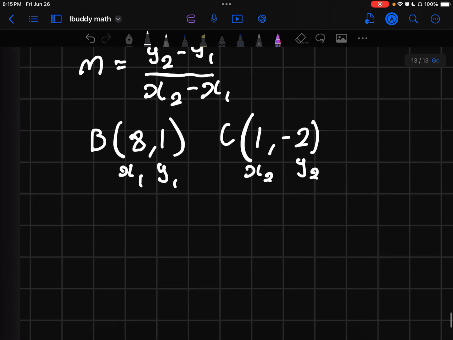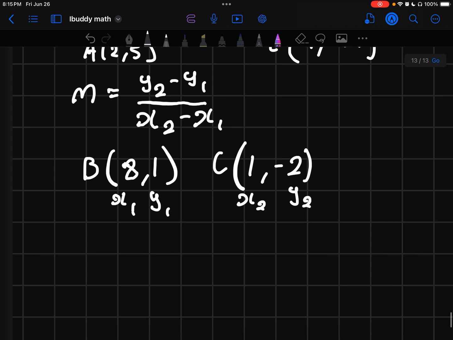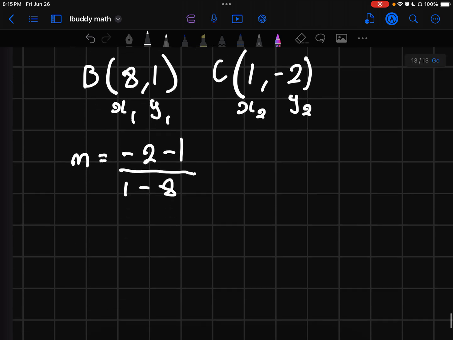So now let's set the equation. M is equal to -2 minus 1 over 1 minus 8. And this leaves us with M is equal to -3 over -7.